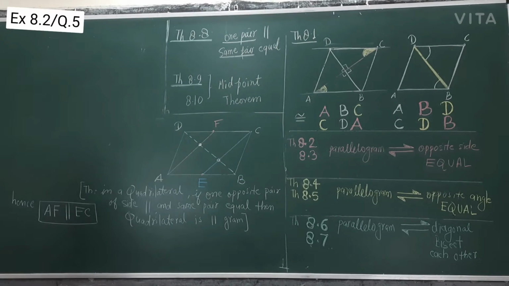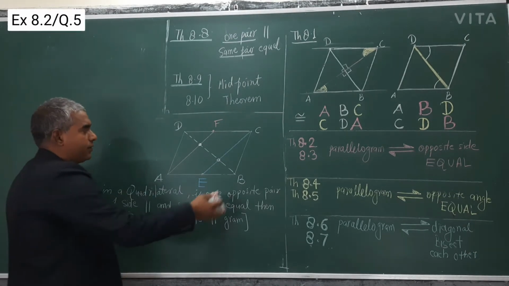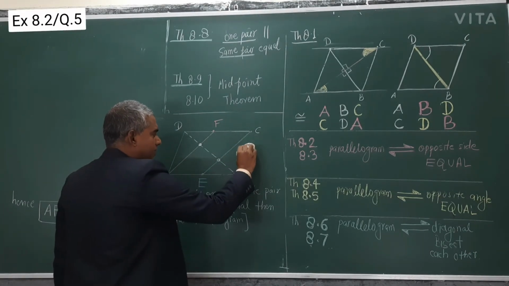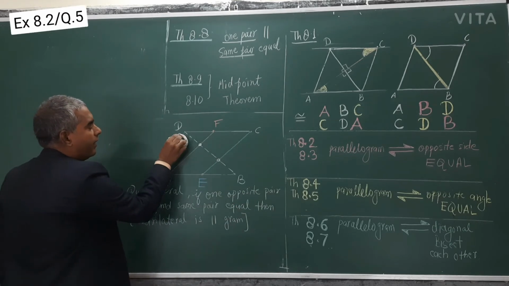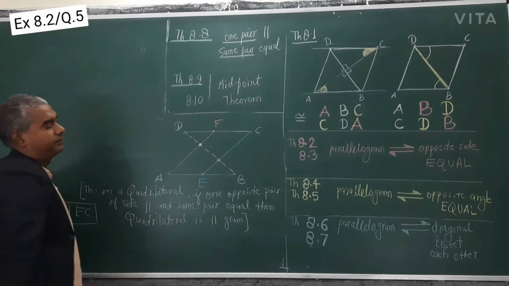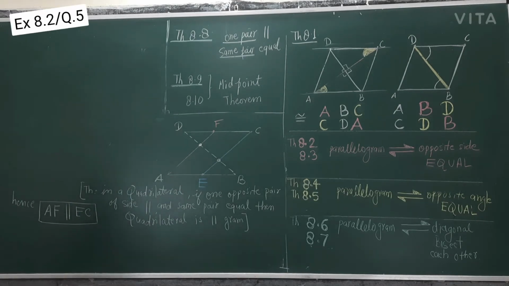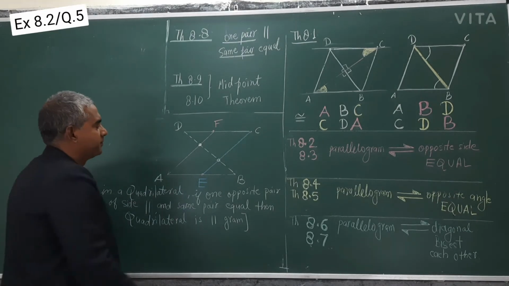For that, suppose this line and this line are extended. So what you are getting? Two triangles.